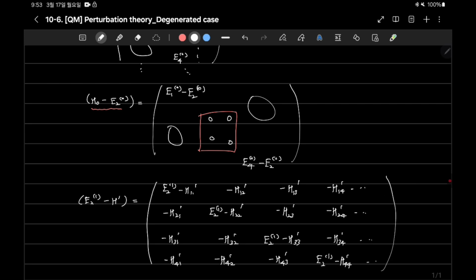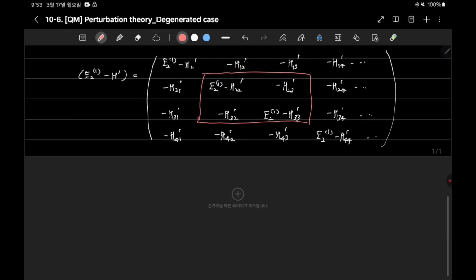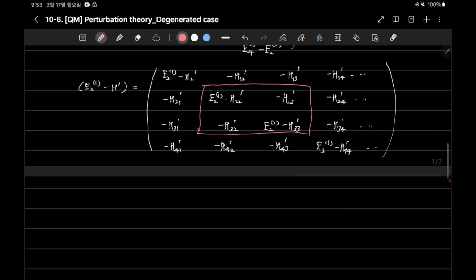It is a matrix. We should note that the zero block corresponds to the inner matrix.